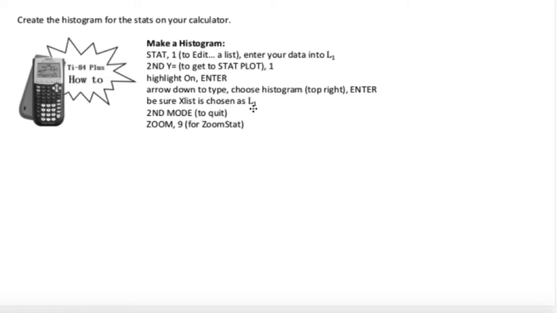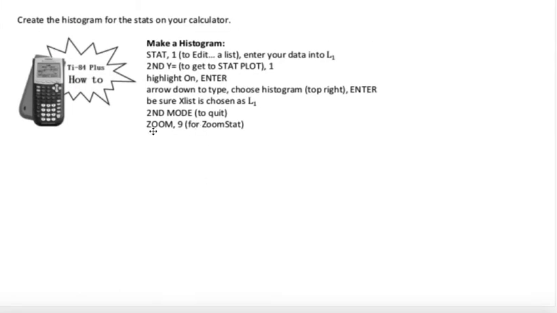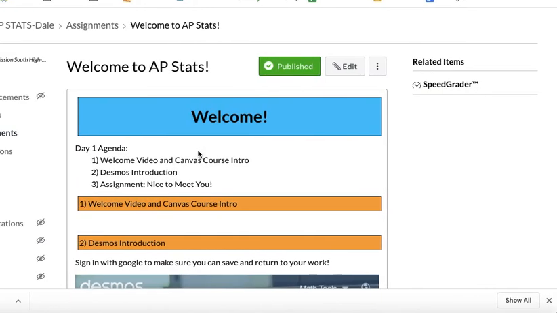Make sure it has X list chosen as list 1, or wherever your data is. Then we can do second mode to quit, or we can go right to our data plot by zoom 9. This zoom is going to be our favorite zoom for stat, because it's going to square up our window based on the data that we've entered here.